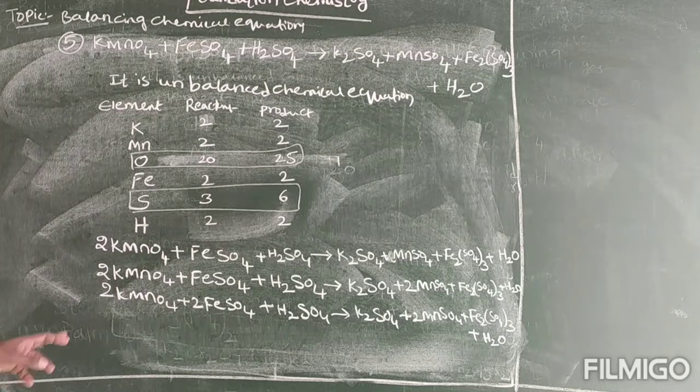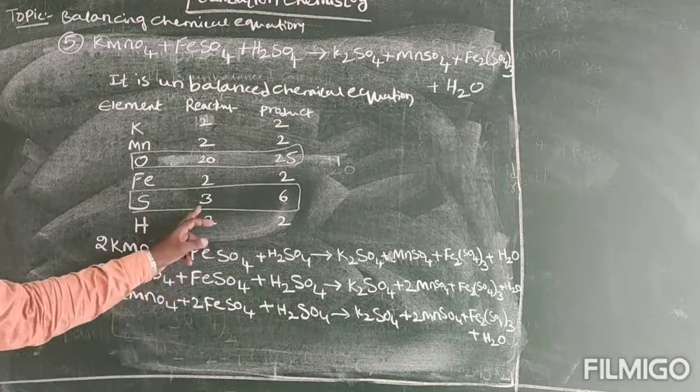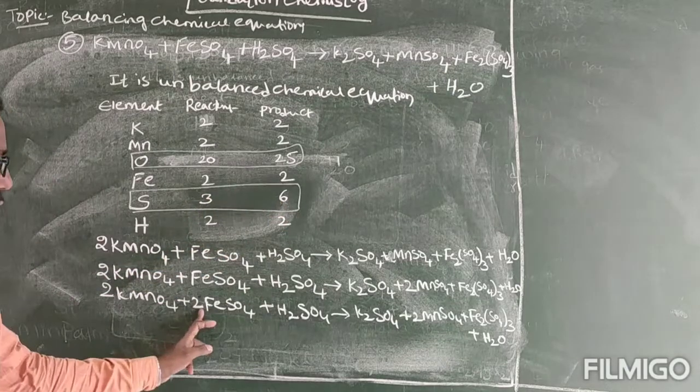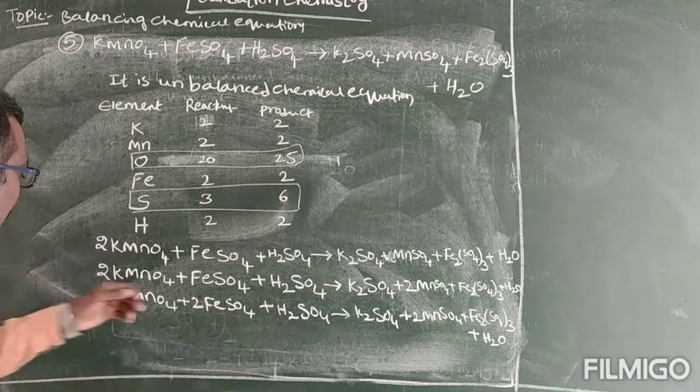So first, sulfurs, how many are there here? You see here 3 and here 6. Here already 2 are there, so we will distribute this 4.